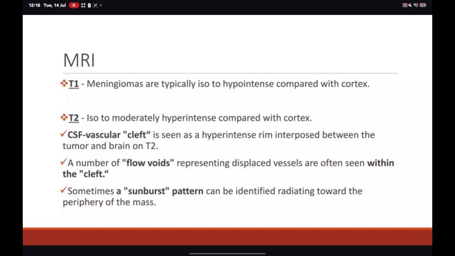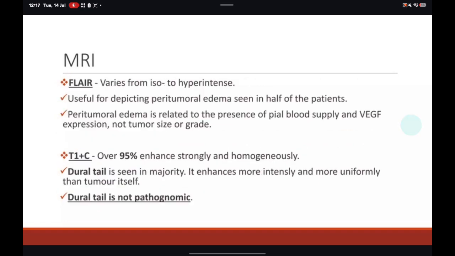A number of flow voids representing displaced vessels are often seen within the cleft. Sometimes a sunburst pattern can be identified radiating towards the periphery of the mass.